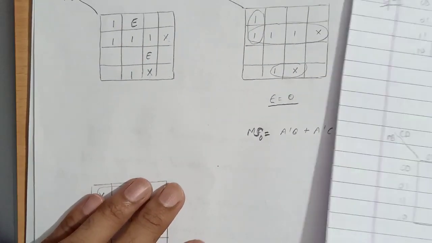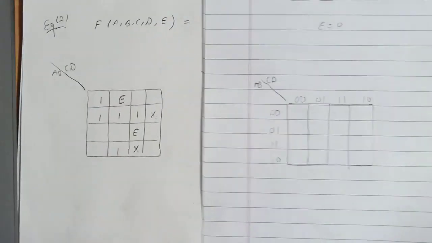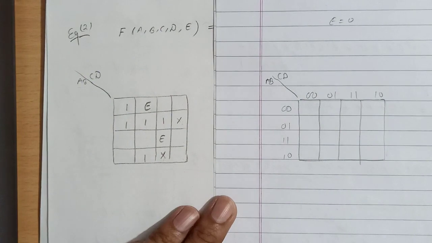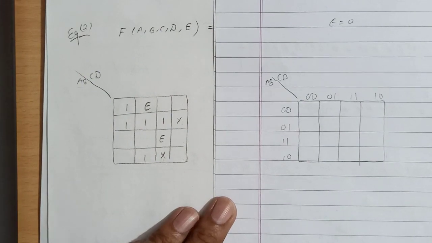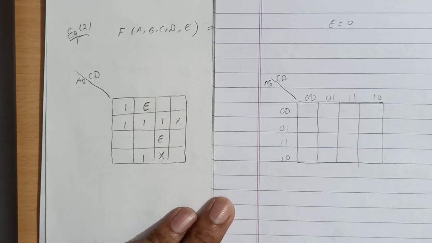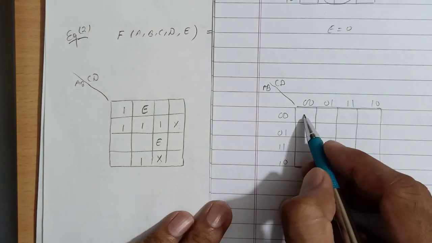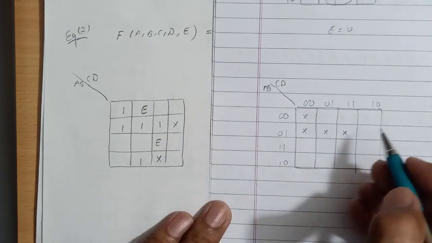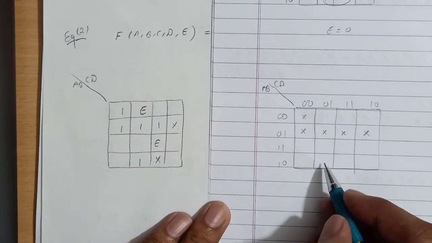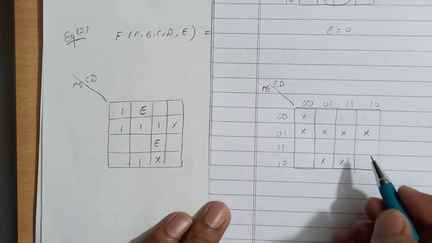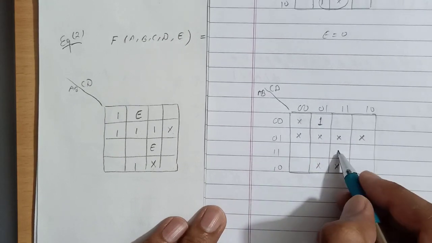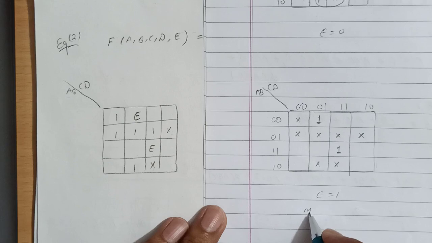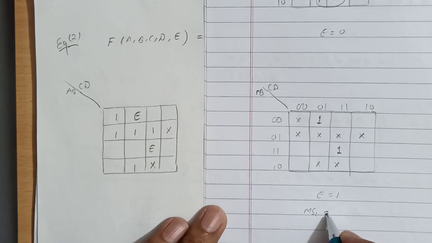Now, corresponding to the given K-map, we will make all the ones don't cares. This is already a don't care. And we will make e equal to 1. So when e equal to 1, we will get MS1, the minimum sum 1.